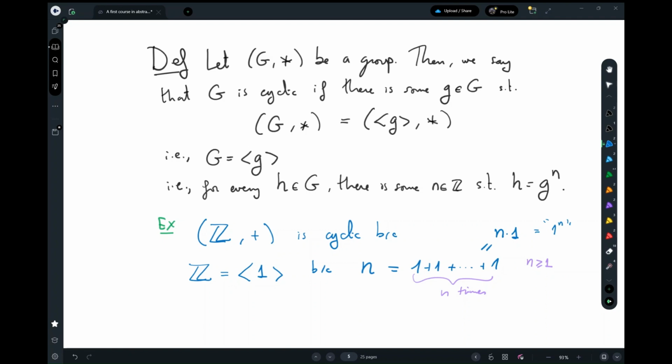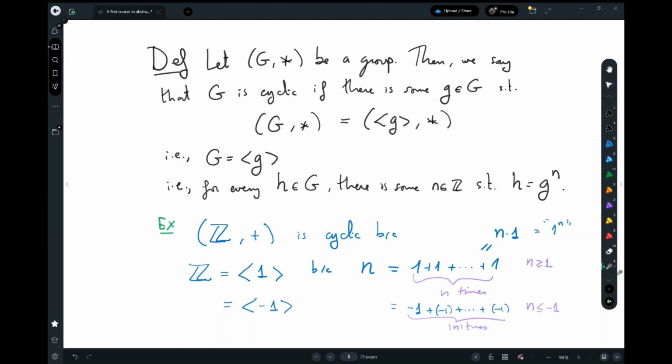So we get any integer n from 1, and if n is negative, then it will be minus 1 plus minus 1 plus minus 1, absolute value of n times. If n is 0, then we get 0 times 1. So it's cyclic.